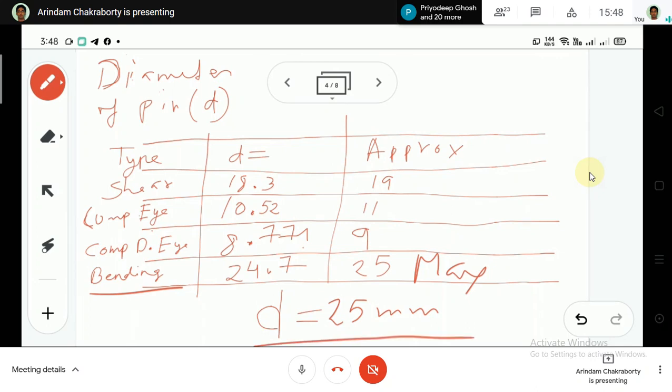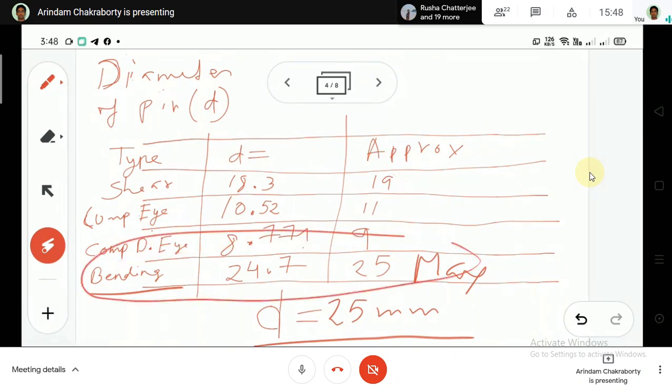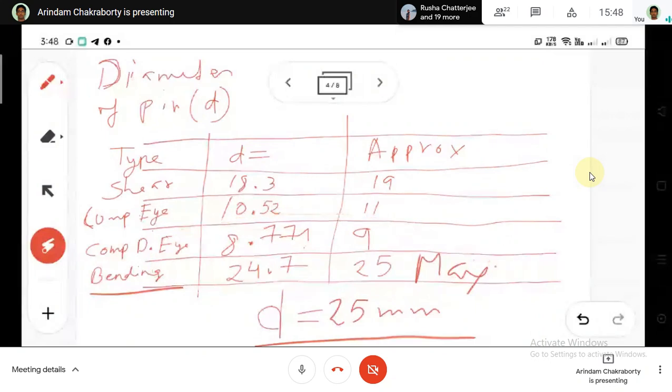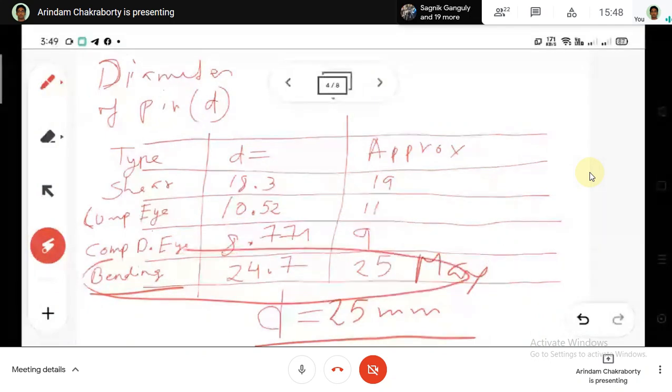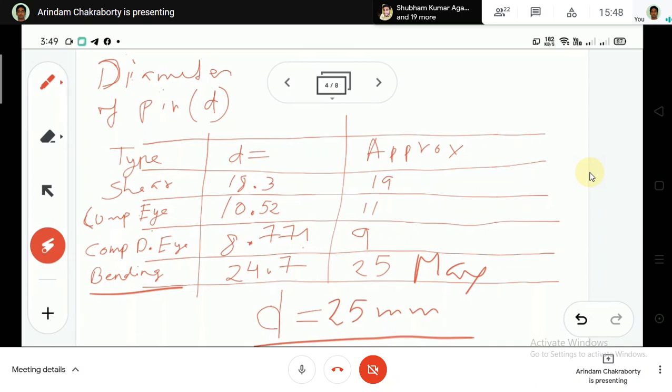You may ask, sir, after doing some problems we can see that every time we get the bending value to be the maximum, so why am I not directly doing the bending? Because it may also happen that among the other three I get the maximum diameter.